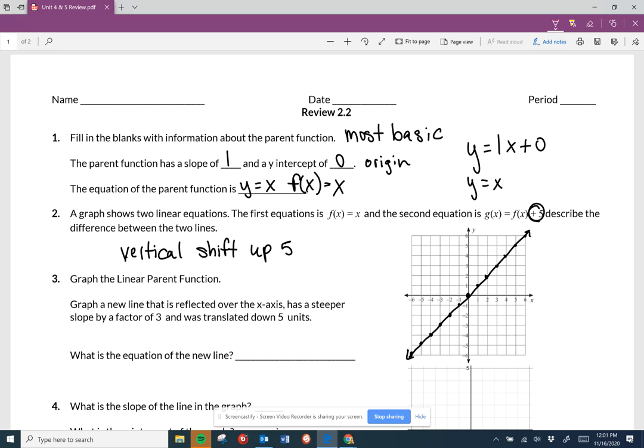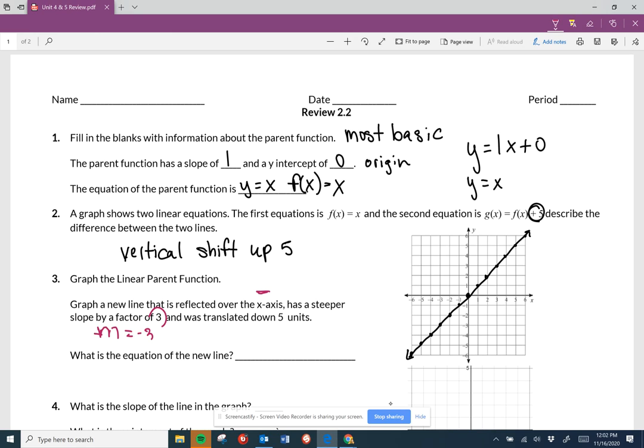Okay. So reflected over the x-axis means that our new slope is negative, and then steeper means that our new slope is also 3. So we have a new slope, a new m value of -3. Okay. And then our b value is going to be this shift.